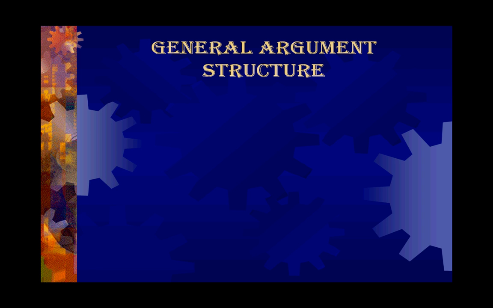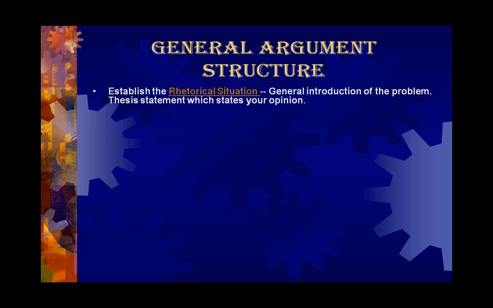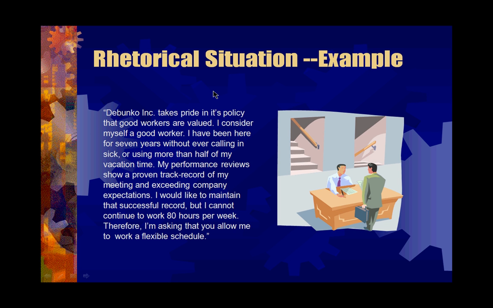So let's look at the general structure again. So we've got the introduction of the problem, which will lead to the thesis statement, right? That states your opinion concerning this problem. So let's look at a sample rhetorical situation. So let's imagine there's someone who is asking for a change in their work schedule. This is this person's rhetorical situation, building up to the thesis statement.